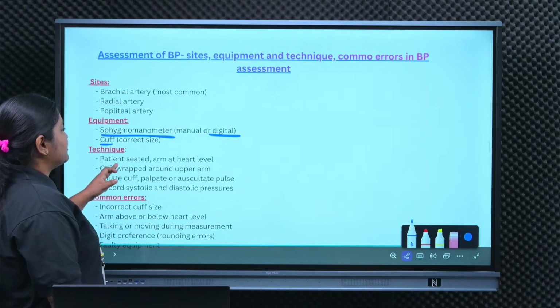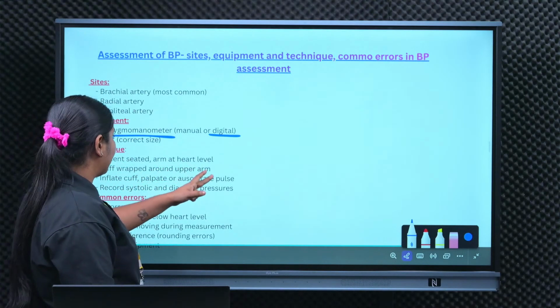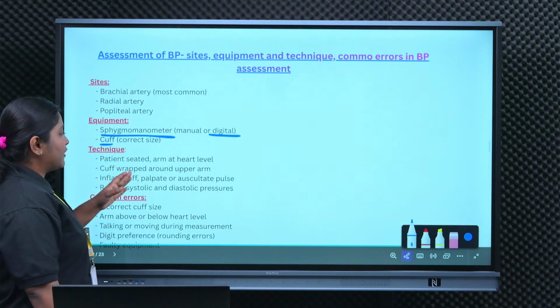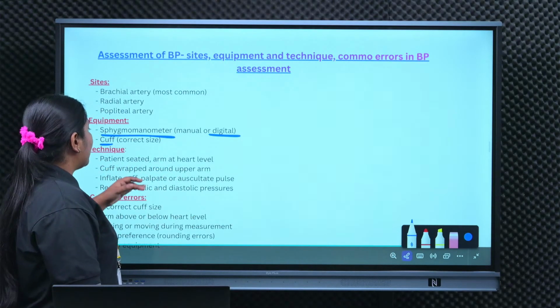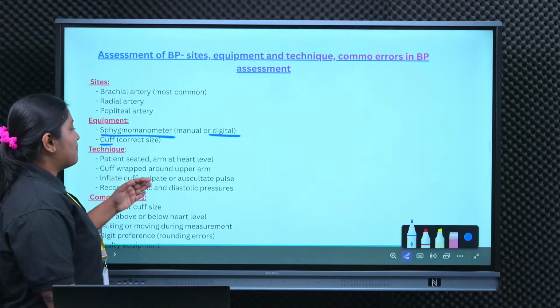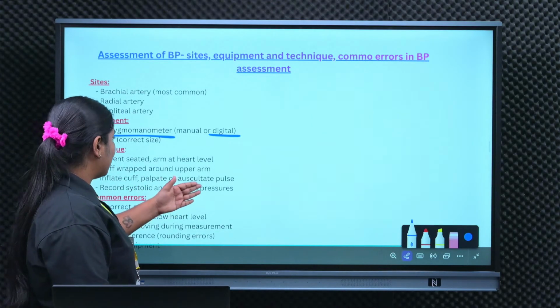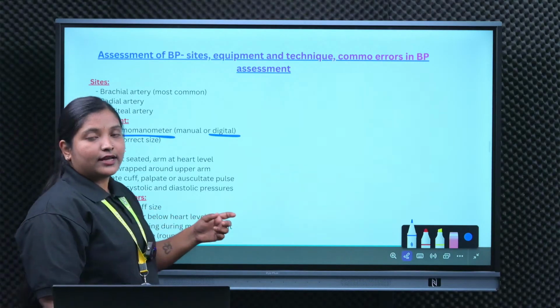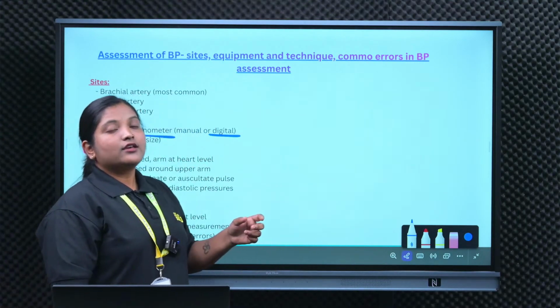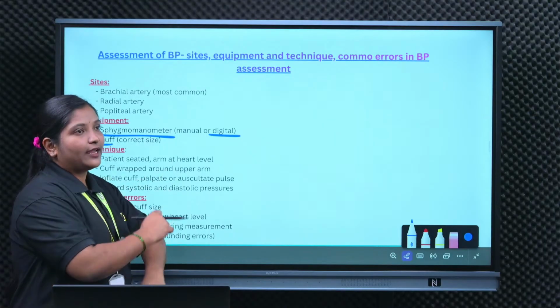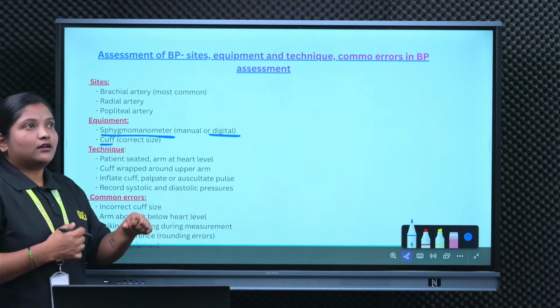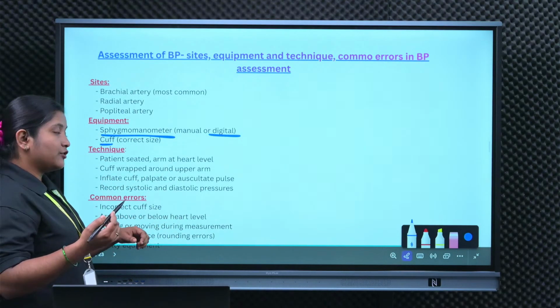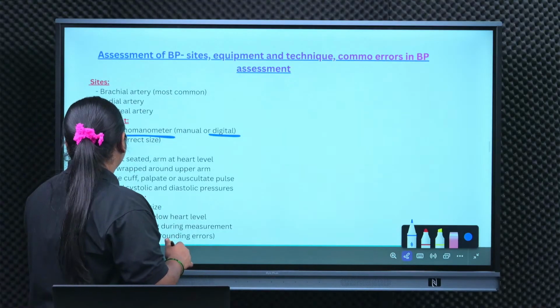The patient is seated, with the arm at heart level, and the cuff wrapped around the upper arm. Inflate the cuff, palpate or auscultate the pulse, and record the systolic and diastolic pressure. You should not tie the cuff too tightly, as that may give a wrong record.